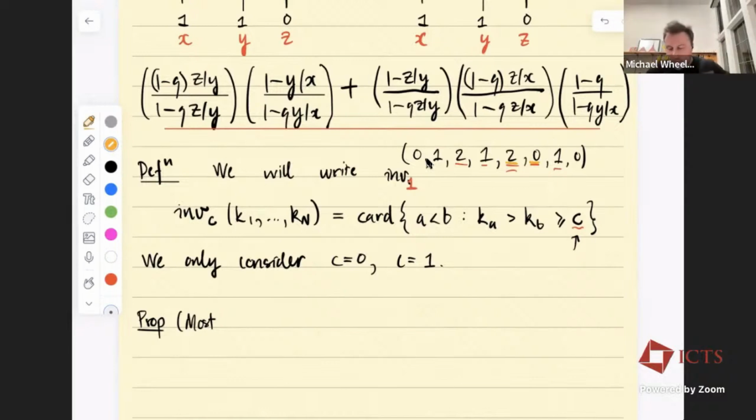The reason we're going to need that: inv of 0, I'm going to use in the statement of stochasticity. We had two versions last time: the stochastic property where you sum over the states along the top of the lattice, and also reverse stochasticity where you sum along the bottom. The statement where you sum along the bottom has some q inversions that you have to keep track of, and the inversion statistic that shows up there is inv of 0.